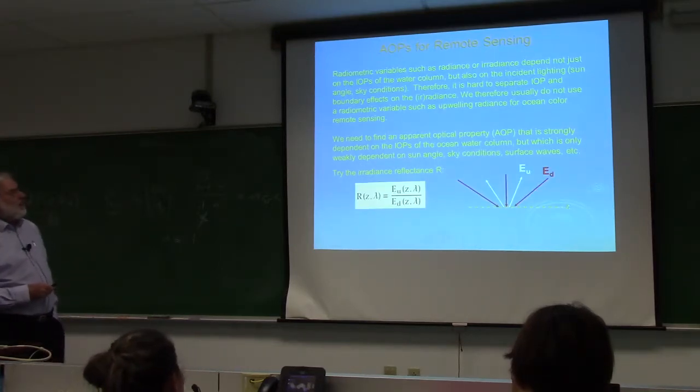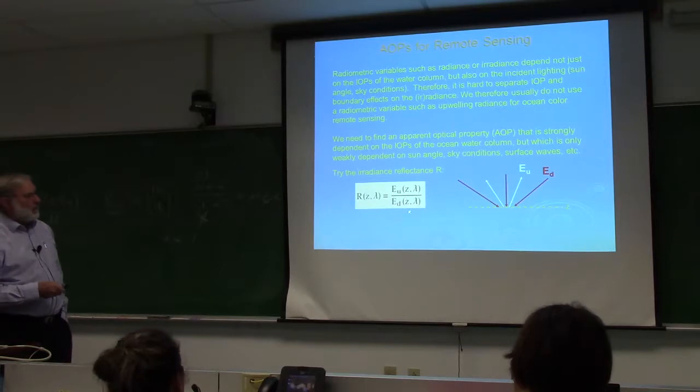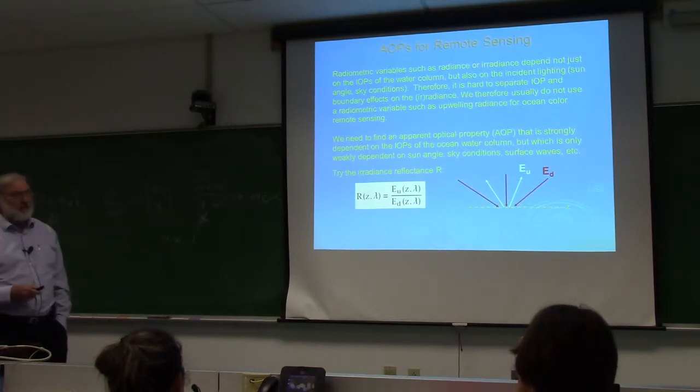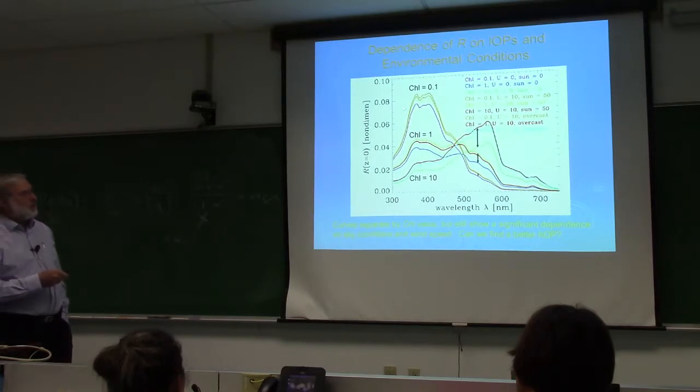Okay, we've already seen a good bit with these AOPs that are used for remote sensing. So we talked the other day about irradiance reflectance. That's just the upwelling plane irradiance divided by the downwelling at some given depth in the water and some wavelength. And then here we saw this figure. This is a pretty good AOP because there's a big separation with the chlorophyll value from low to medium to high, but there's still a lot of noise there.